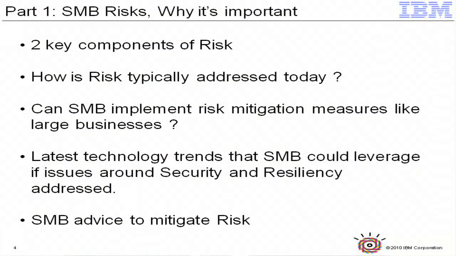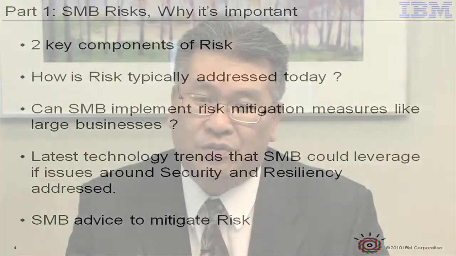We'd like to talk about the latest technology trends that SMB could leverage if issues around security and resiliency were addressed. For example, server virtualization and consolidation of physical servers is considered maxing out on your hardware. Many SMBs see the cost savings and will implement this without a thought of risk management strategies because they're thinking, I can save a lot of money.